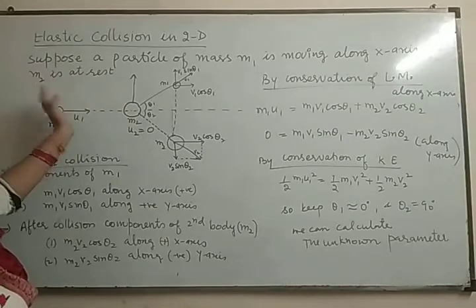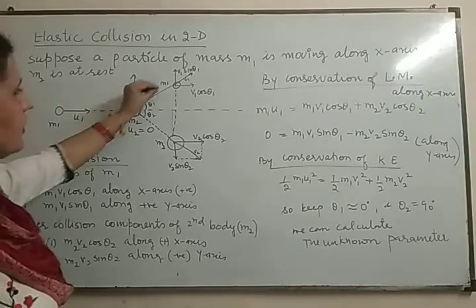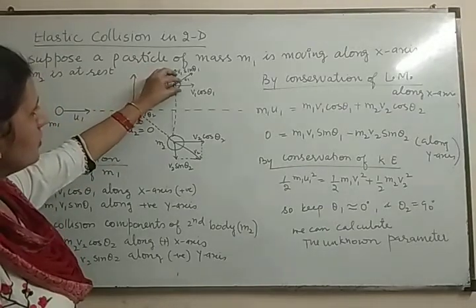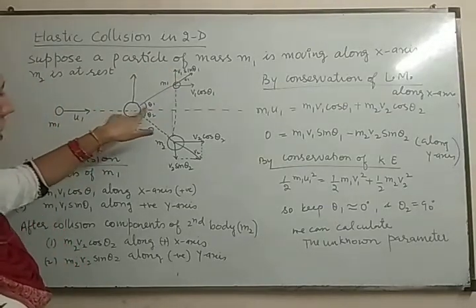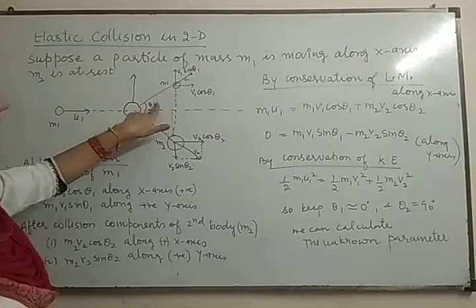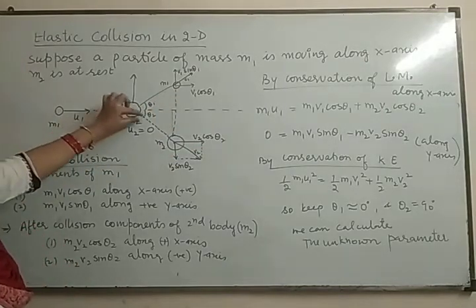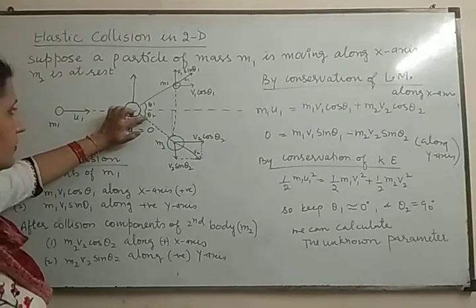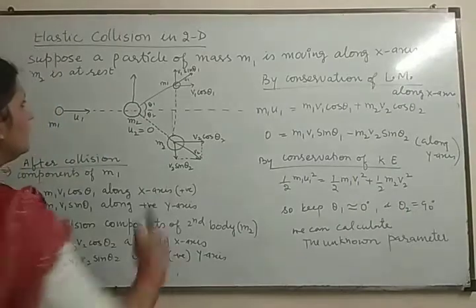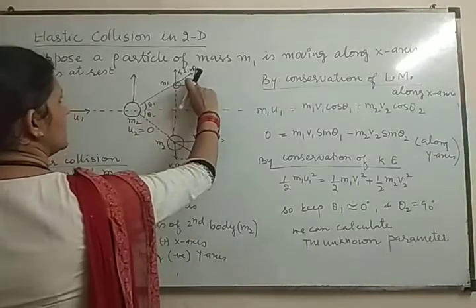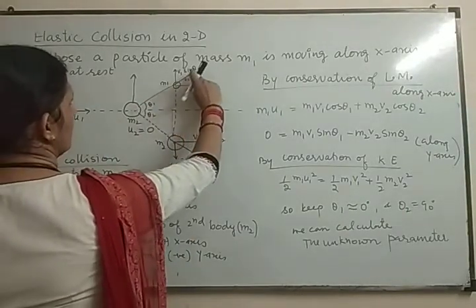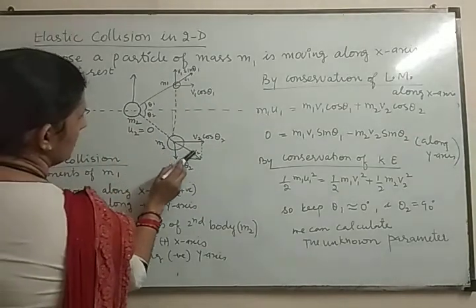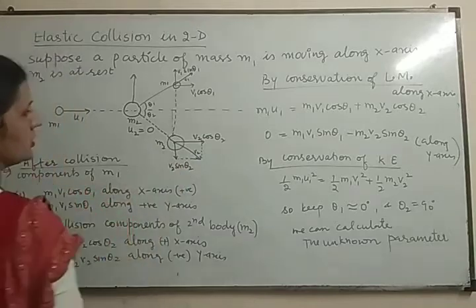They both get affected. We assume the first object moves at an angle theta 1 with the x-axis, and the second object moves at an angle theta 2. This is the velocity after collision, v1. The first object moves along this direction, and the second object has velocity v2 along this direction.